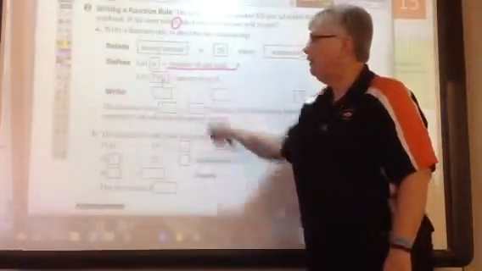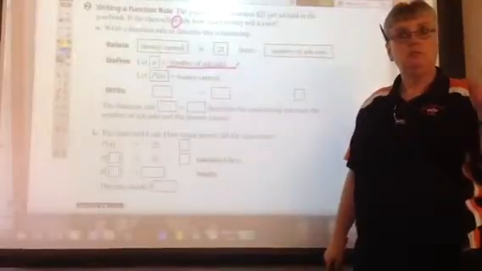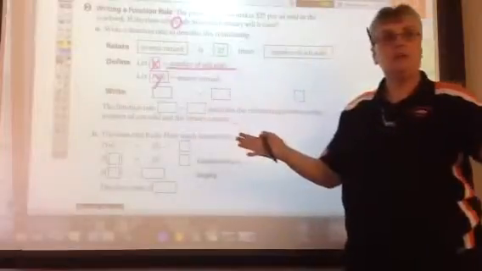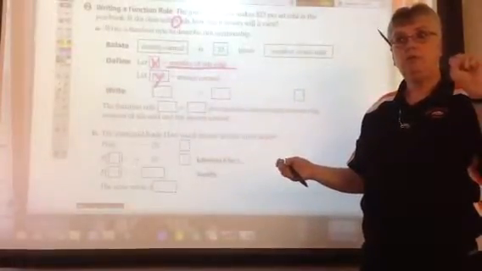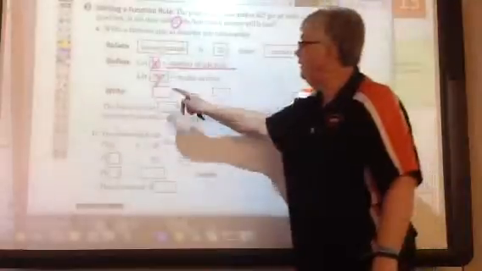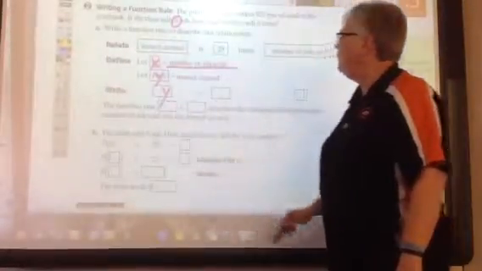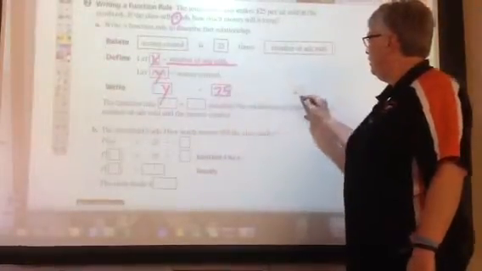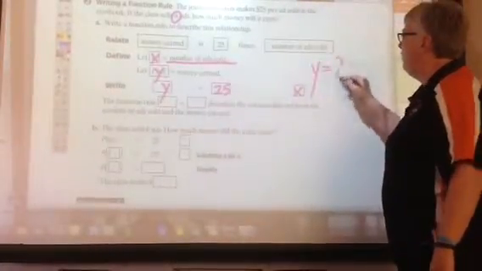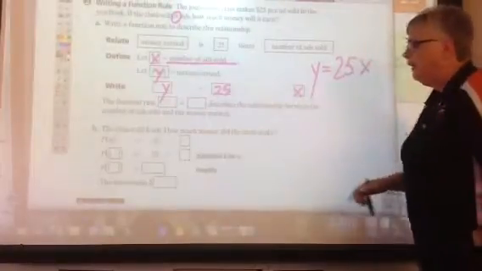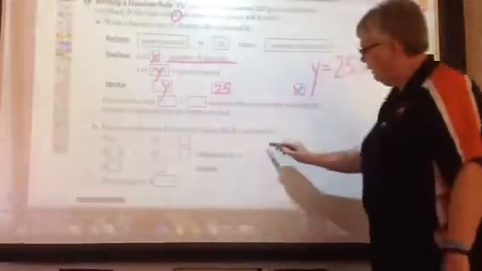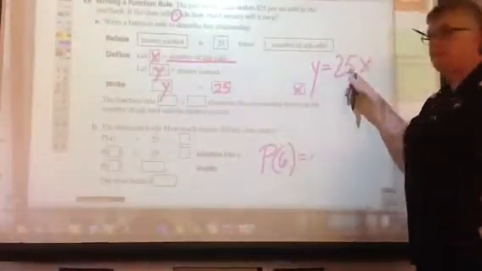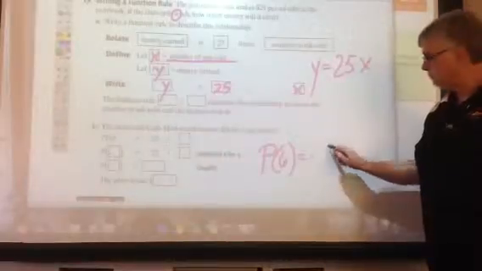Now, P of N is using function notation. I could say this one is x and this one is y. I would have the exact same thing. Correct? So, in this particular case, y is equal, how much do we earn an ad? 25. So for us, our equation would be y equals 25x. Then if they sold 6, they're asking you to use the function notation. So basically, don't you put 6 times this and you get $150? Yes.